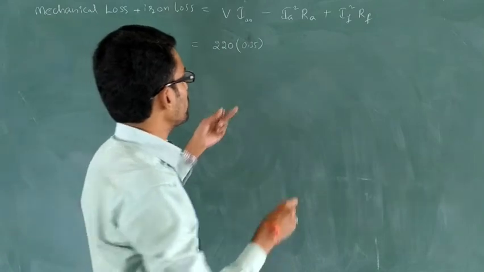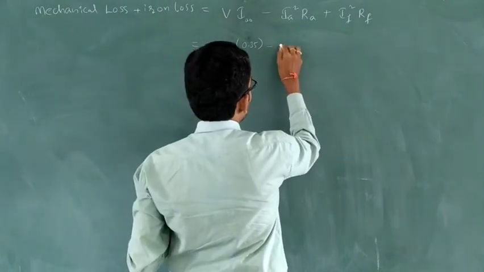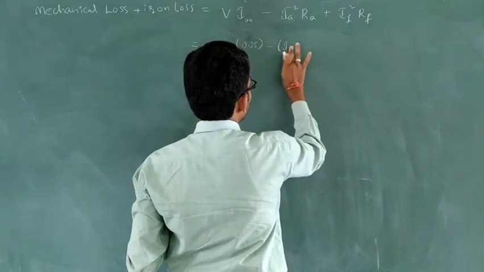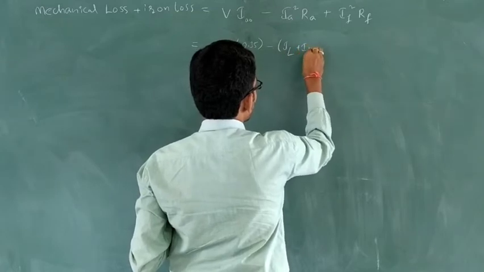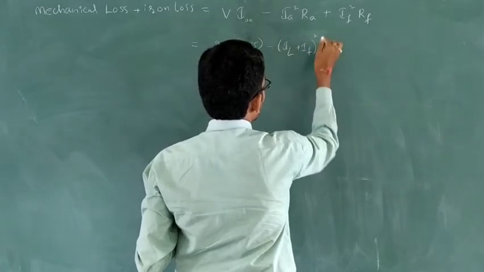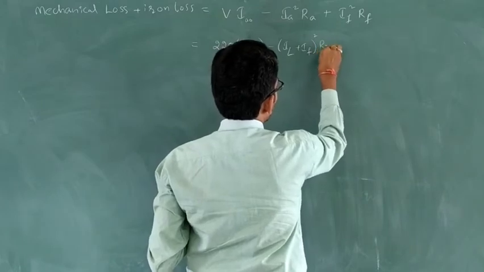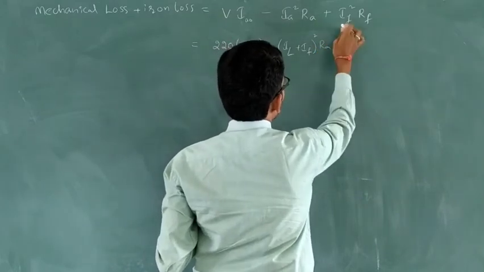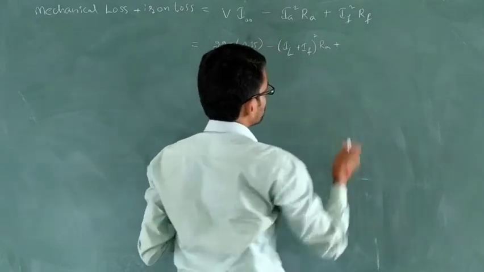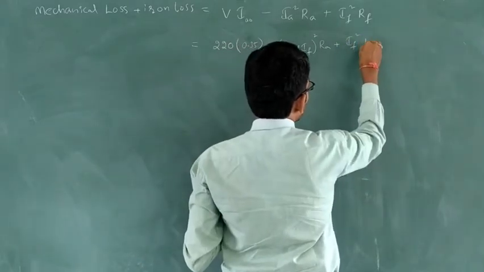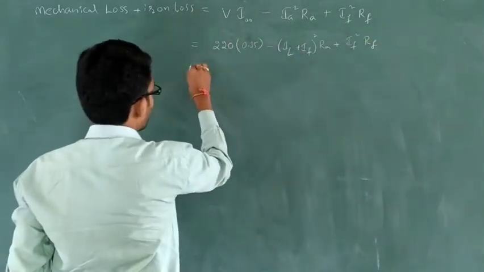Ia is nothing but IL plus If, whole square into Ra. I am just writing Rf as of now, and If square Rf, I will substitute those values.